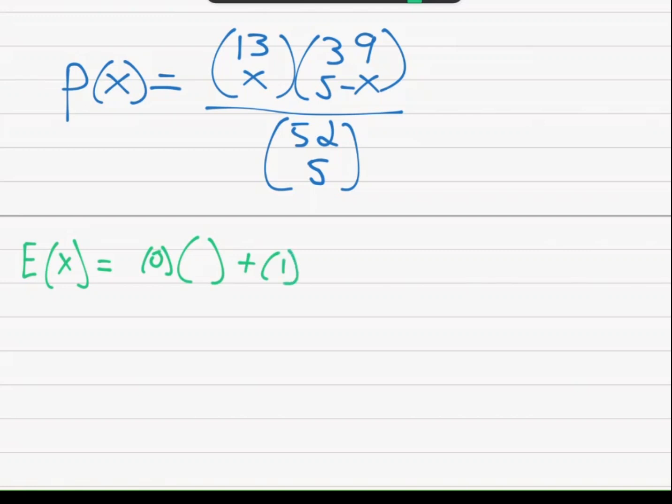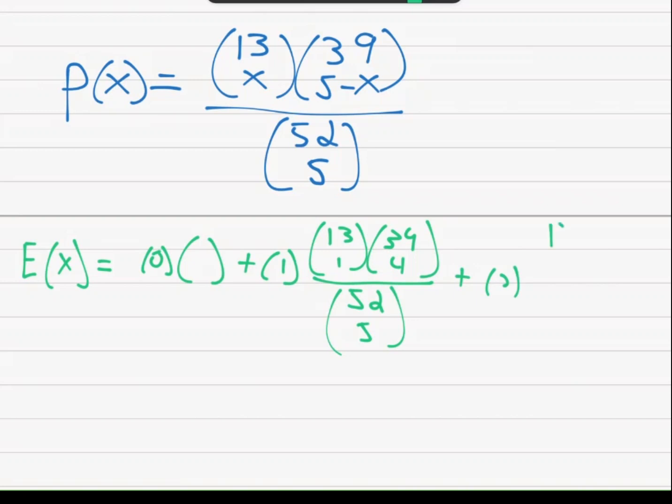1, well, the probability of getting 1 heart is 13 choose 1 times 39 choose 4 over 52 choose 5, plus, and then I have a 2 times 13 choose 2 times 39 choose 3 over 52 choose 5.